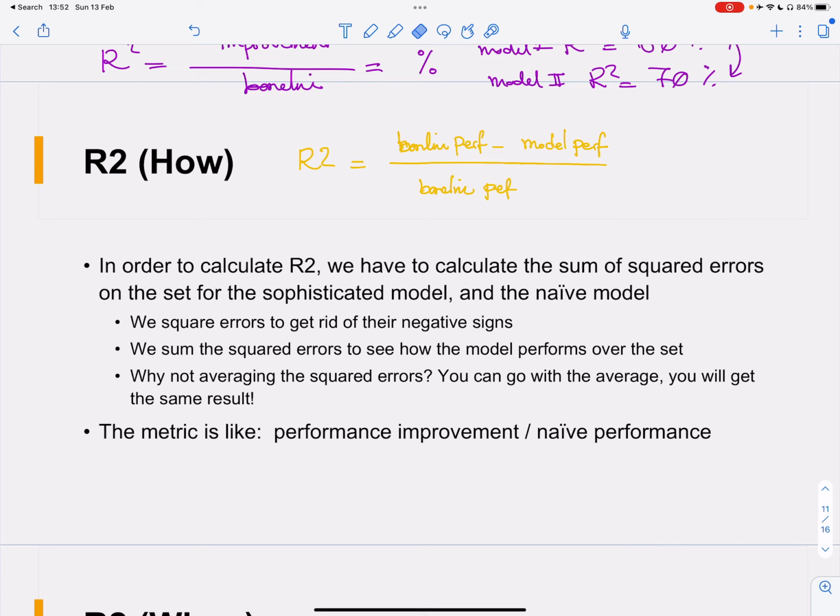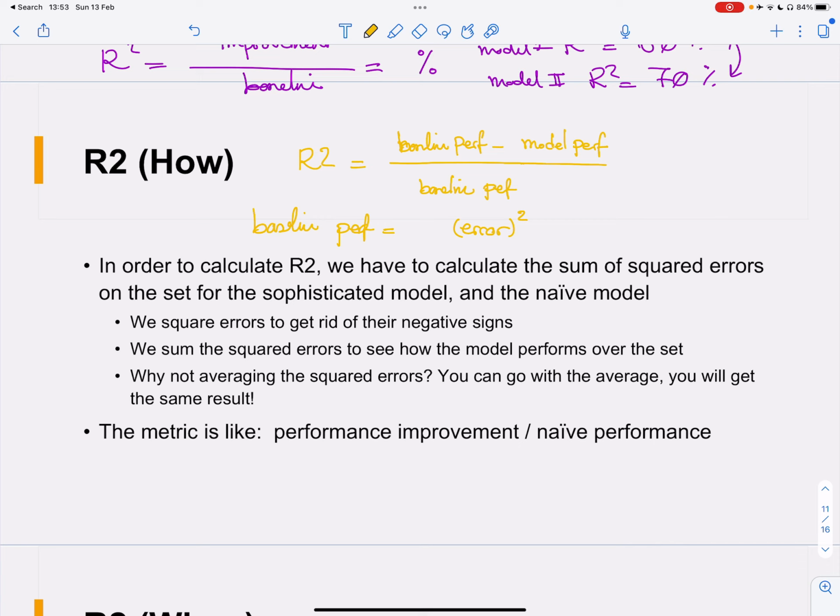calculating error. So baseline performance is calculating error. And since error has positive and negative sign, we square it to get rid of those positive and negative signs, to avoid cancellation of the errors by themselves.